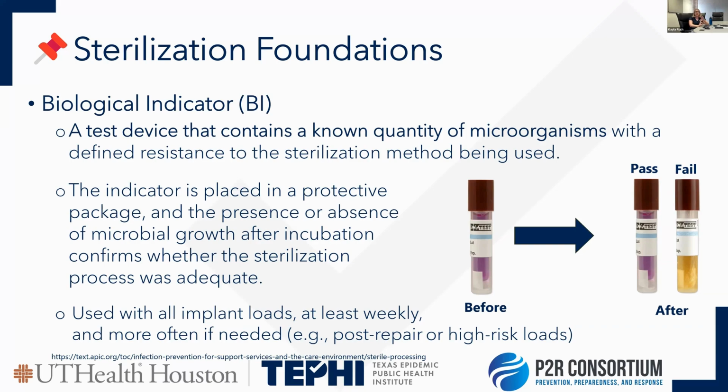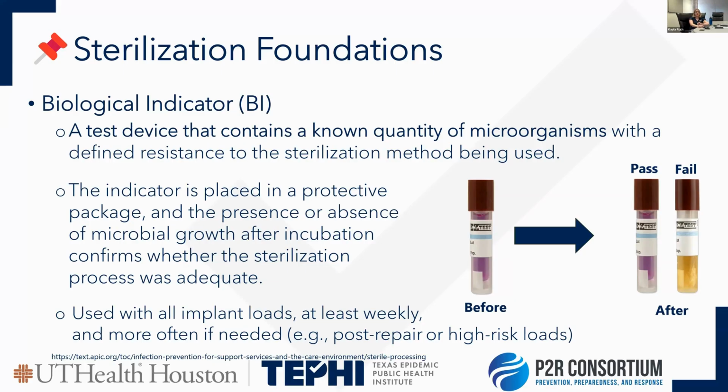Again, make sure that you look at what biological indicator your organization is using, whether you want a color change or not, and what the color change means. Is it just one color change? Is it a gradient of change? Make sure you are looking at the manufacturer's instructions for use, or the MIFUs, specifically for your biological and chemical indicators, to know what colors mean what at your organization.